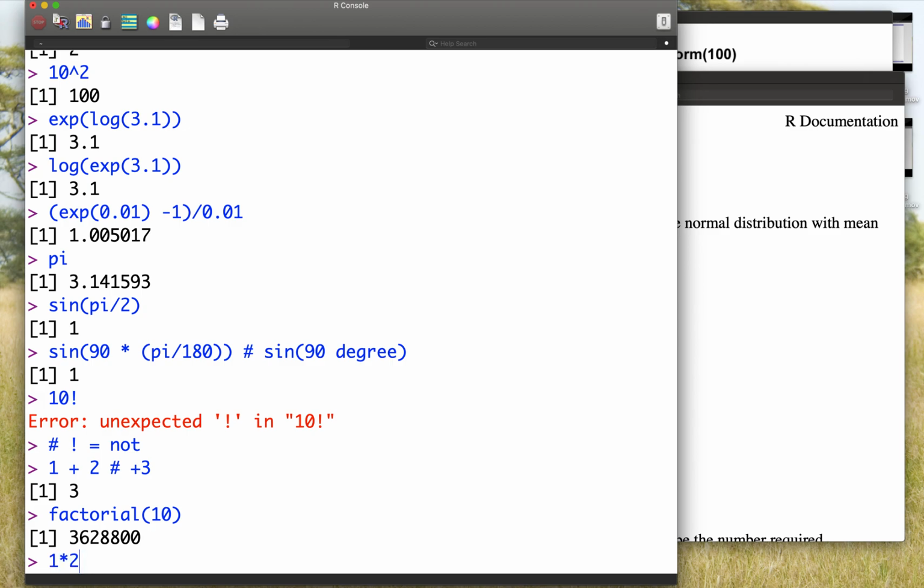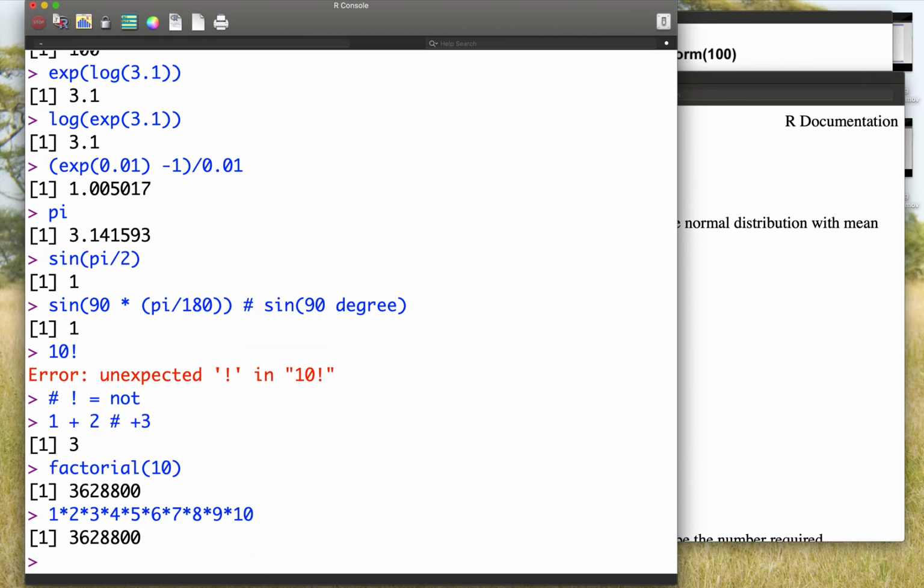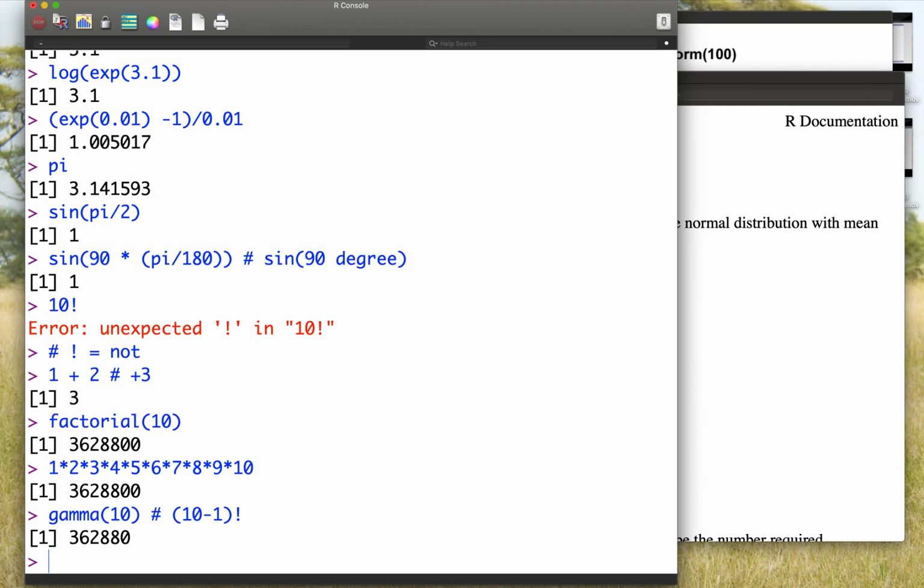This is 1 times 2 times 3 times 4 times 5 times 6 up to 10. Another way is the gamma function. Gamma of something is actually that number minus 1 factorial. So if you type gamma of 11, this becomes 10 factorial. So these are the ways to calculate it.